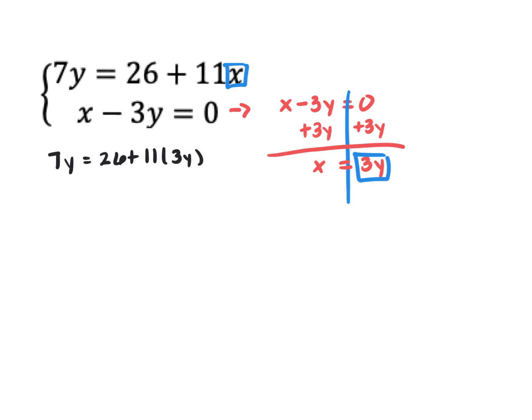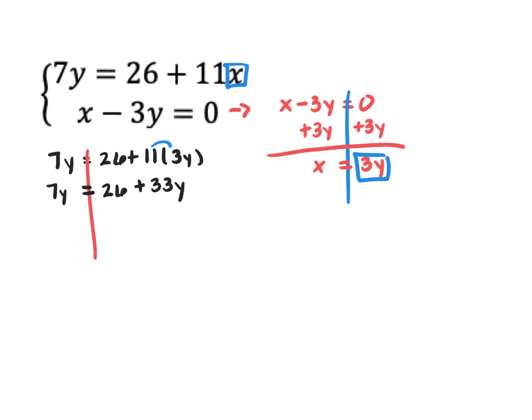Looking through that, I only have y's throughout my whole equation, so I know I'm on the right track. Okay, so now I'm just going to go ahead and solve. My 7y is still going to stay as 7y equals, my 26 is going to stay at 26, but now I need to distribute that 11 to that 3y, and that's going to give me 33y. So plus 33y.